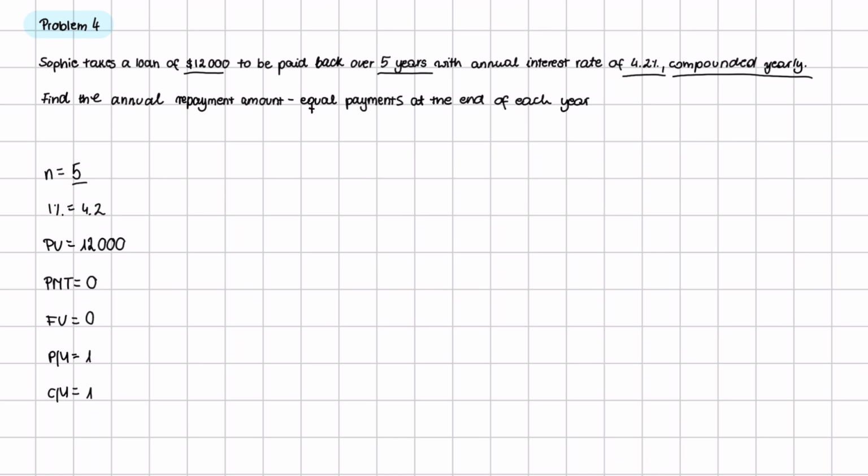And if you calculate PMT, it is minus 2,710.69. So negative sign means that we have to repay this amount of money each year.